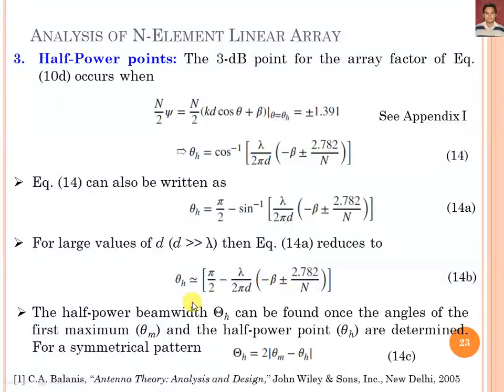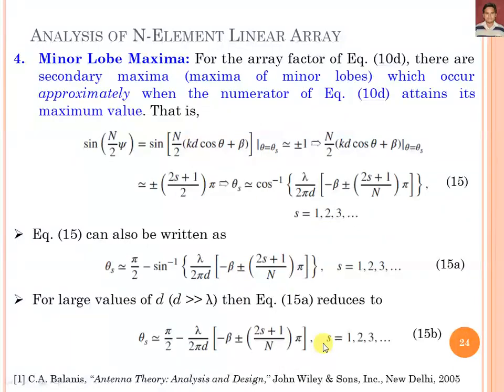So the half power beam width can be found once the angle of the first maxima theta m and the half power points theta h are determined. For the symmetrical pattern, we can calculate the half power beam width as twice of theta m minus theta h. This is the important expression where we can calculate the half power points for the n element linear array.